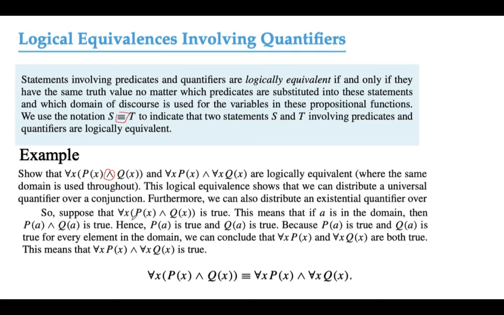So suppose that for all x, p of x and q of x is true. This means that if a is in the domain, then p of a and q of a is true.